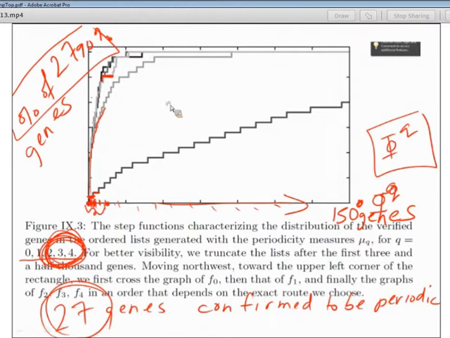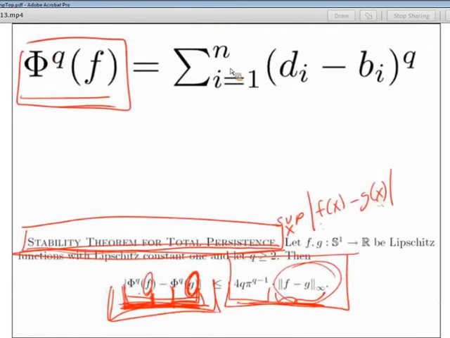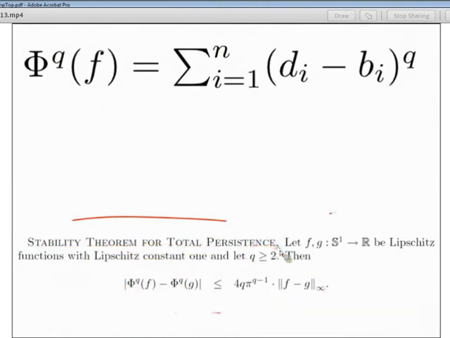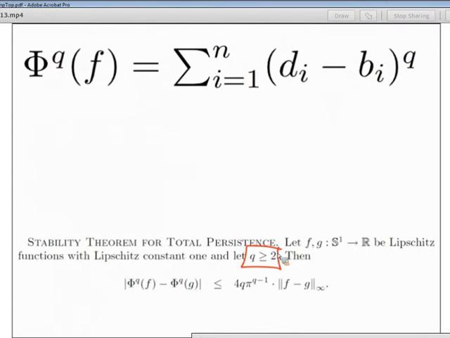So Q equals 2 is what we'll be interested in, simply because in terms of our stability theorem, it's stable as long as Q is greater than or equal to 2. If Q equals 1 or Q equals 0, then if I do a slight perturbation, things will perturb a lot.